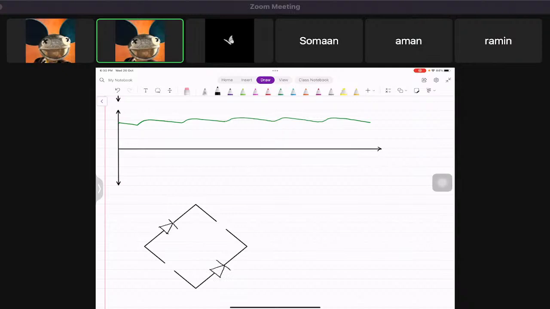So we have diodes like this. And AC voltage.